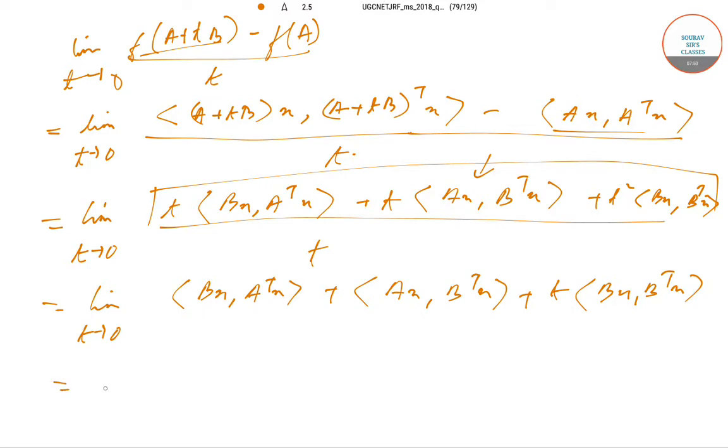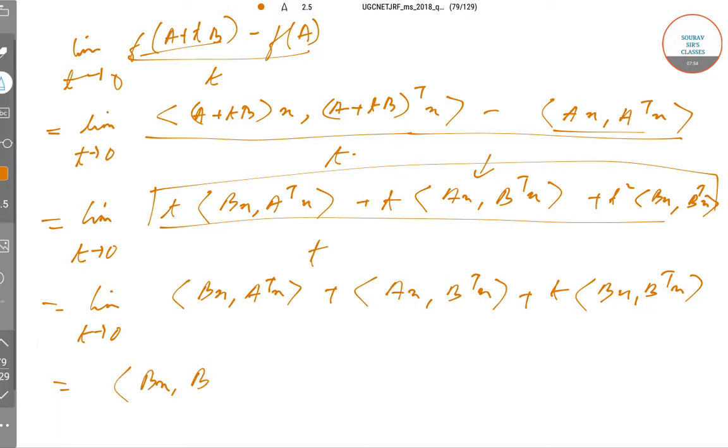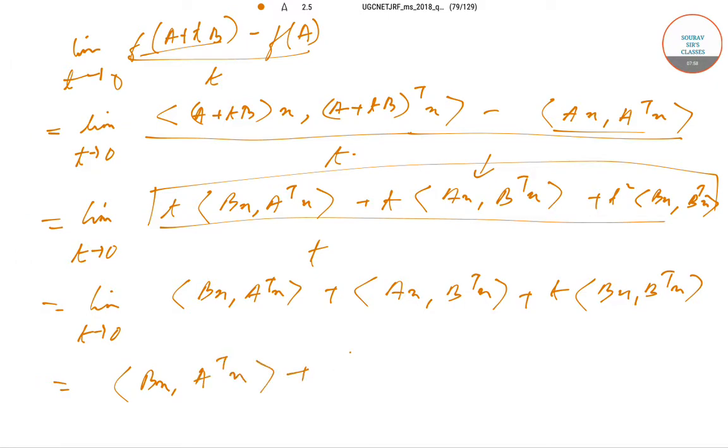So if you put t equal to 0, this will give us inner product bx comma a transpose x plus inner product ax comma b transpose of x. As you can see, this is very much possible. So we have found out the differentiability. Therefore f is differentiable.